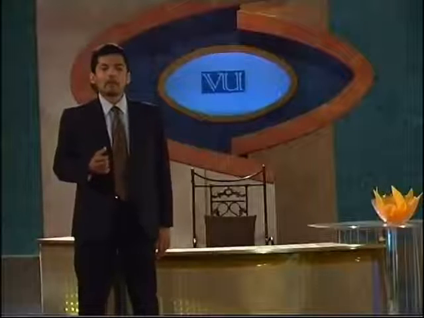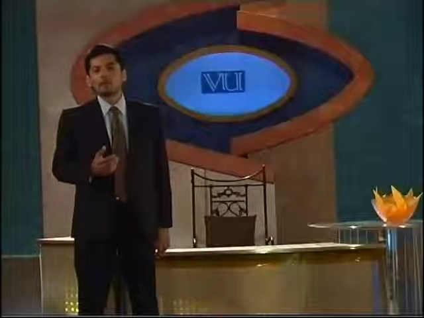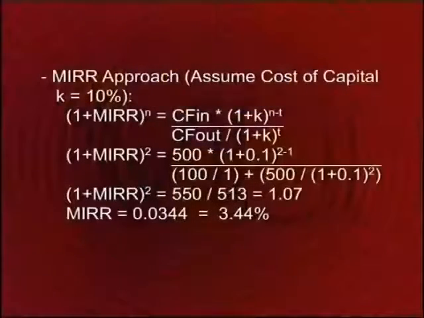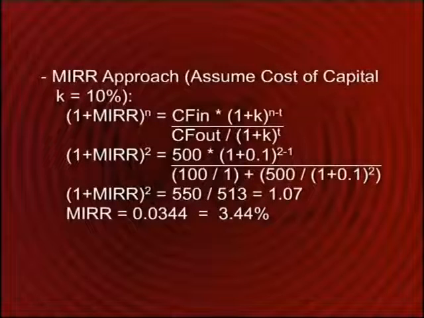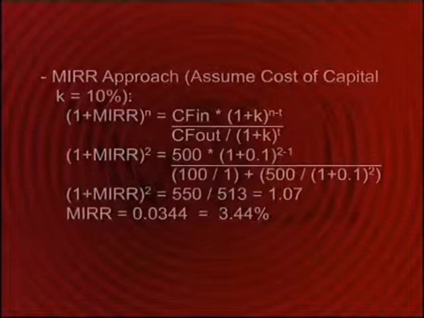Now, to complete this equation, in the denominator, we have to quantify the cash outflows. For this particular example, the cash outflows would be 100, which is the cash flow taking place initially in the present period, plus 500 divided by 1.1 squared. This is because the cash outflow is taking place in the second year, and that amount is 500.